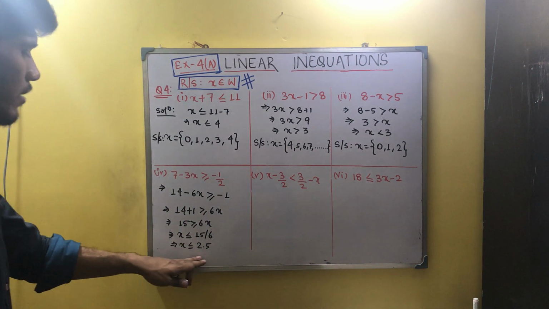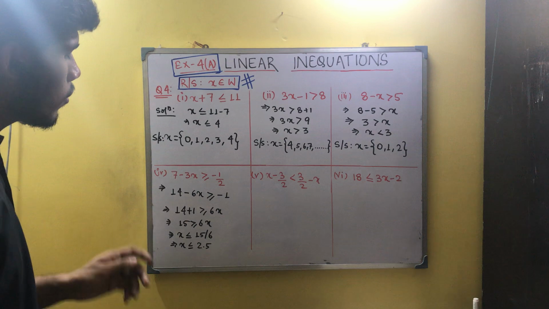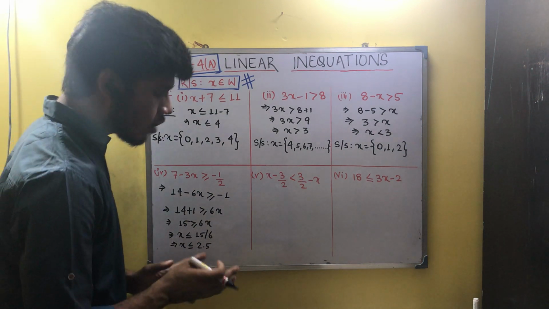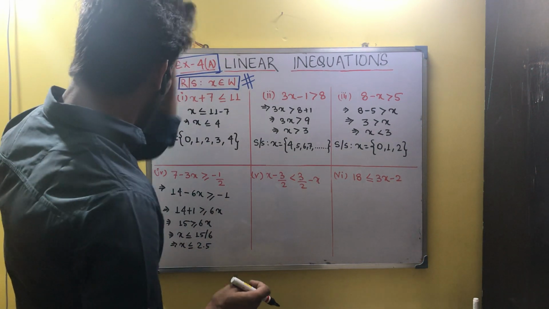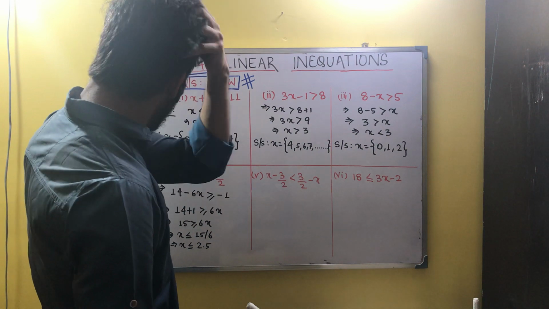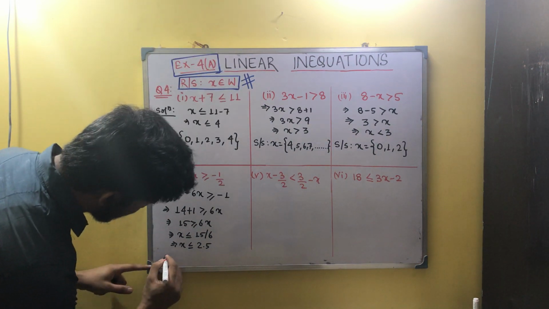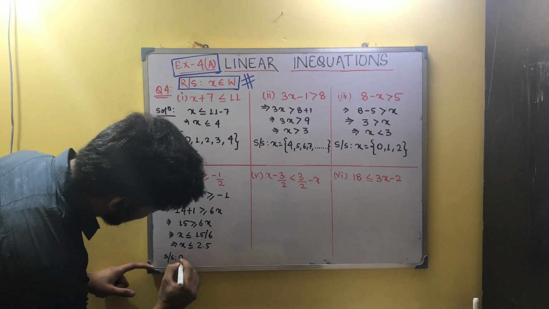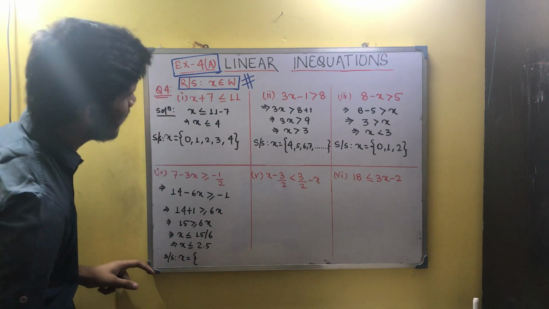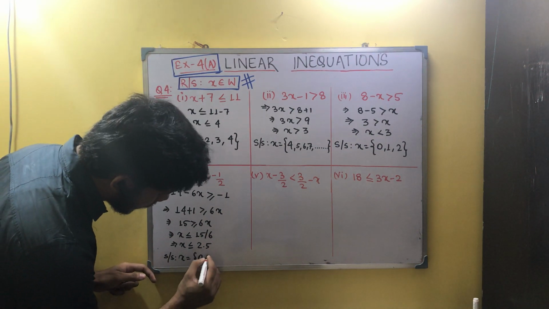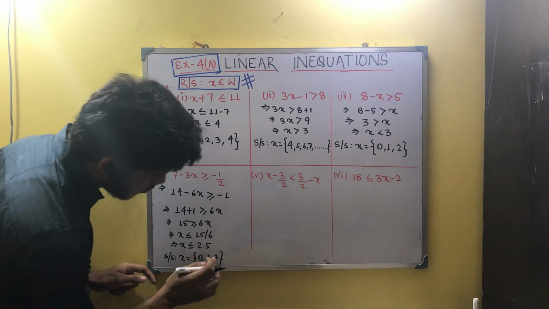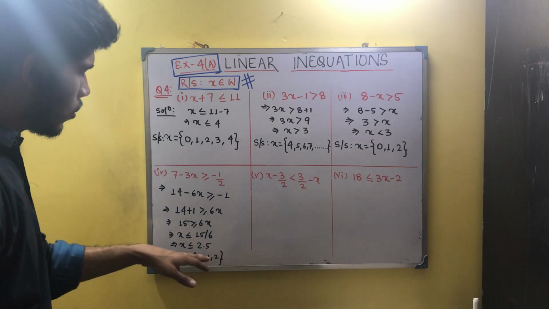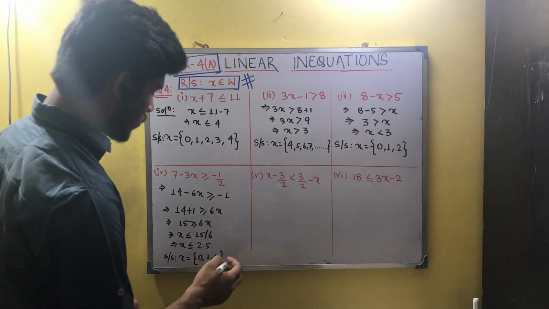If x is less than equals to 2.5, then what whole number values are there below 2.5? Obviously the values you will be left with are 0, 1 and 2. Obviously because 2 is less than 2.5, so we can take the value 2.